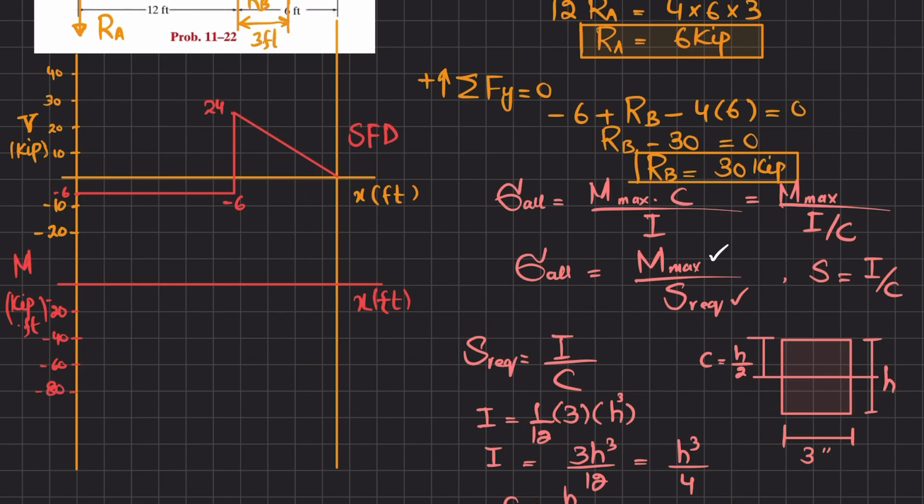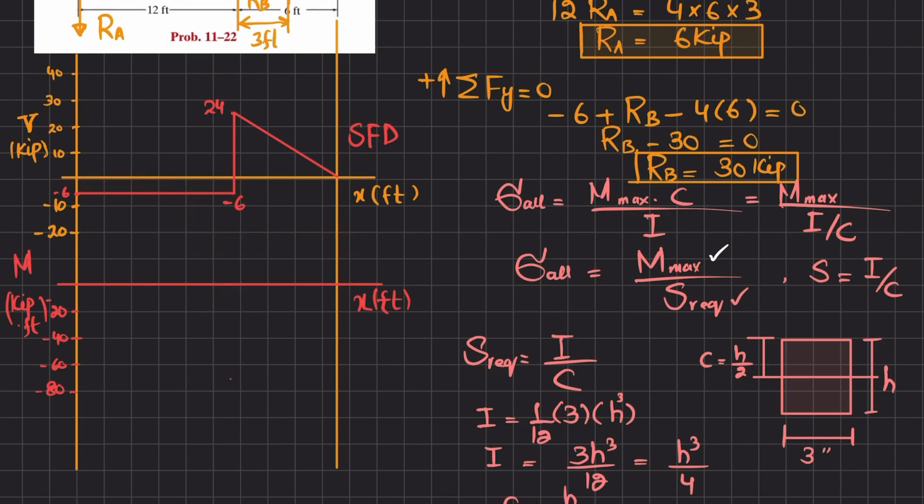The bending moment at this point will be 0 because x is equal to 0. The first area under the shear force diagram is this one, and it will be equal to minus 6 into length, which is 12, which is minus 72. So at this point we will have minus 72. First we will locate the point.